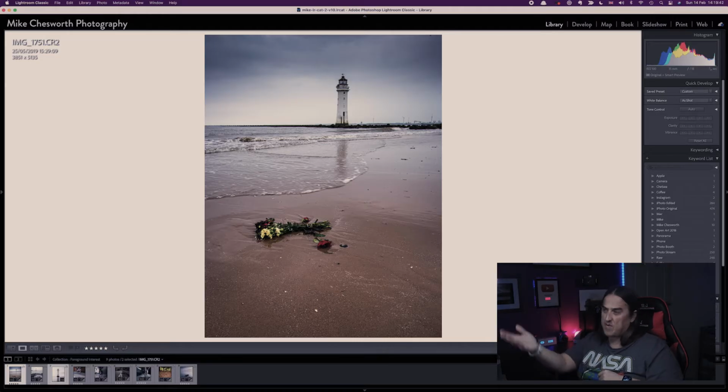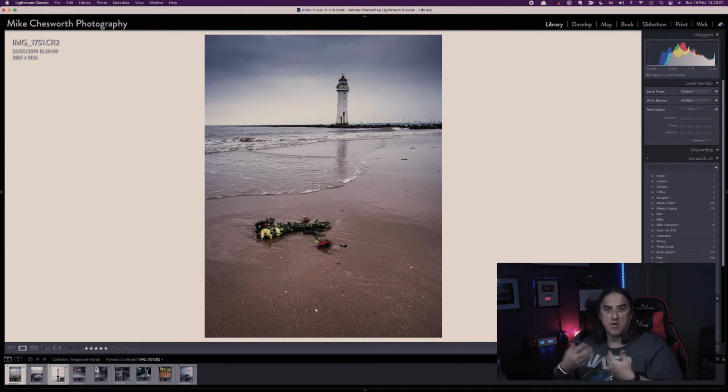Whereas this image here tells the story of the lighthouse, but also it tells you where you are. So, for example, you're on a beach. You can see the docks and things in the background, so it tells you that you're near the sea. It shows you more about what's around the lighthouse, but also the bunch of flowers in the foreground is telling you a story.